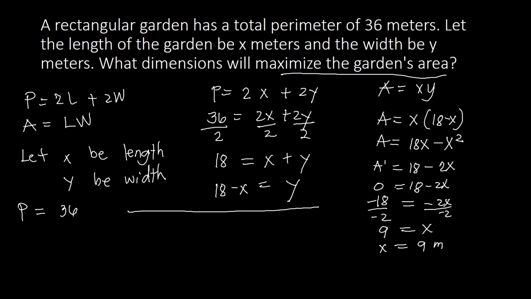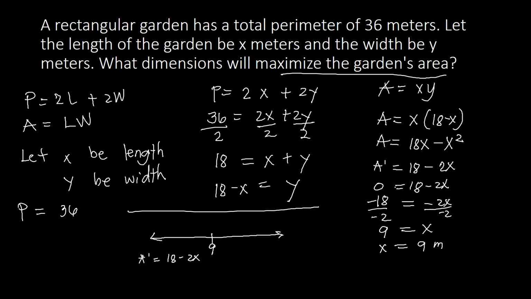So we'd better check our critical value x, whether that is a maximum or minimum, by simply doing the first derivative test, wherein we've got the 9 here, and this is our number line. We have to test the different regions where our number line was divided by 9. So we'll start off with our first derivative, 18 minus 2x.